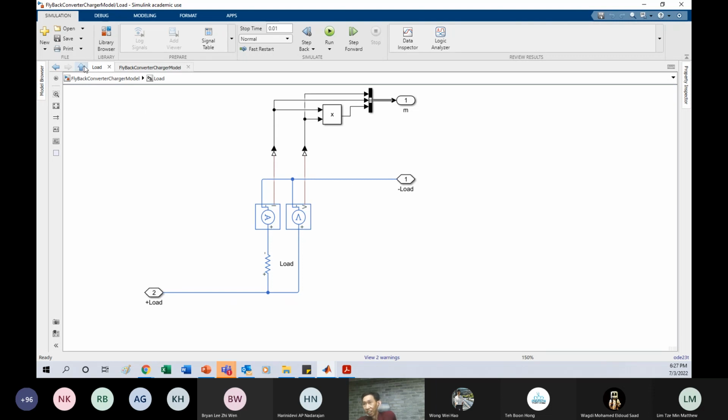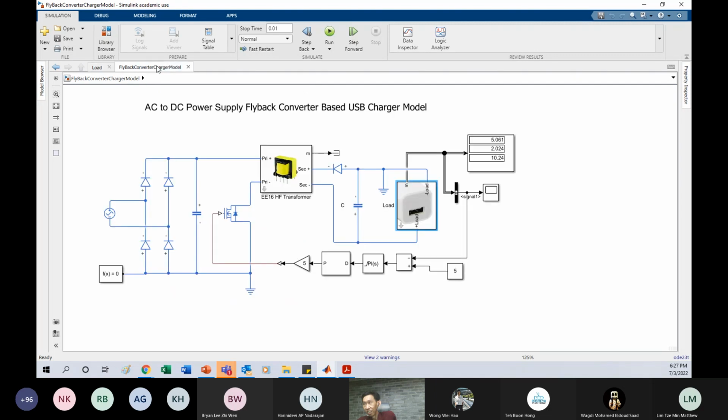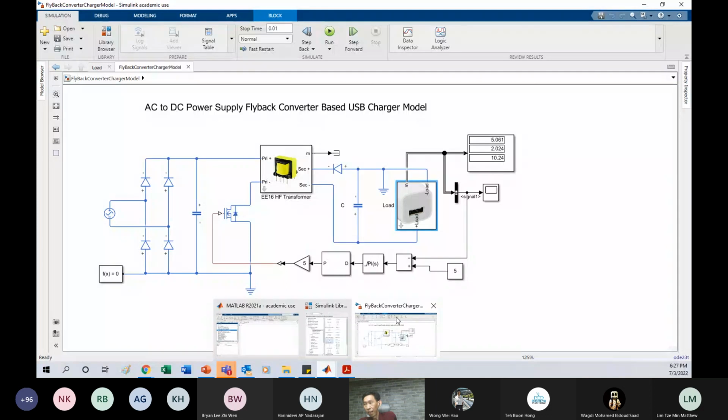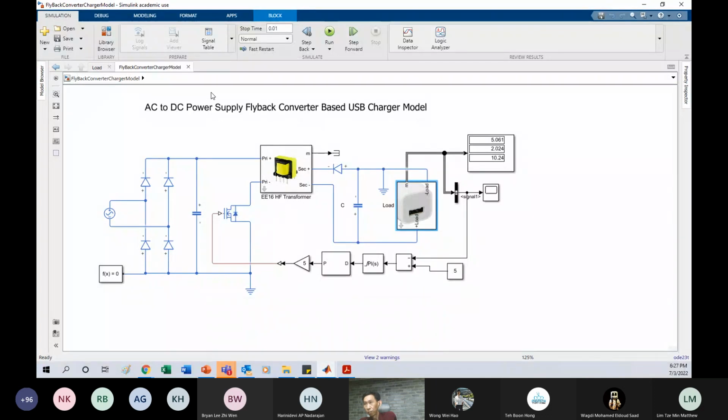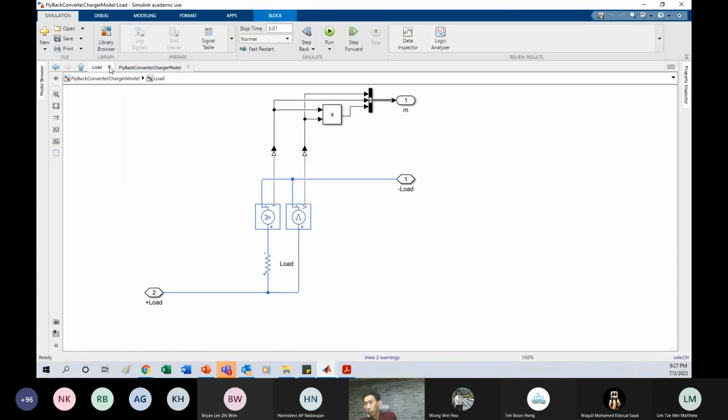So I will have a measurement output. I can have the voltage 5 volt, 2 amp, 10 watt. And of course, I need to take the voltage output for the feedback, so that I always have a 5 volt output, regardless of the change of the AC. That is the important part of this power supply.